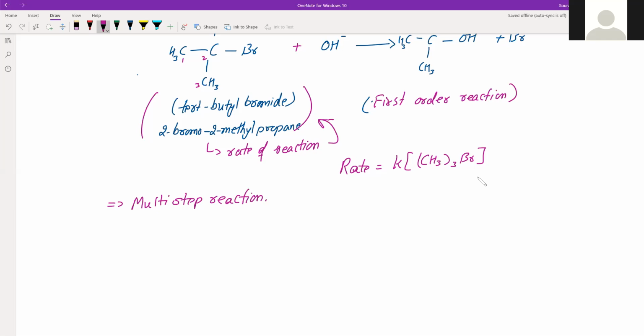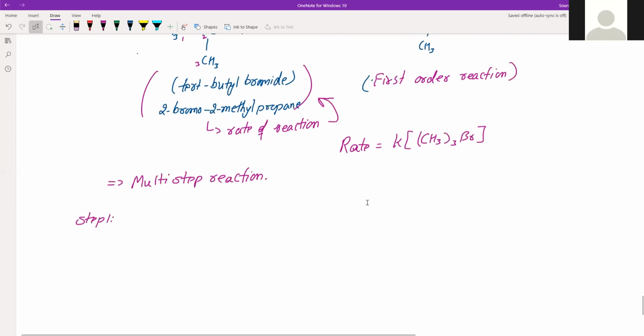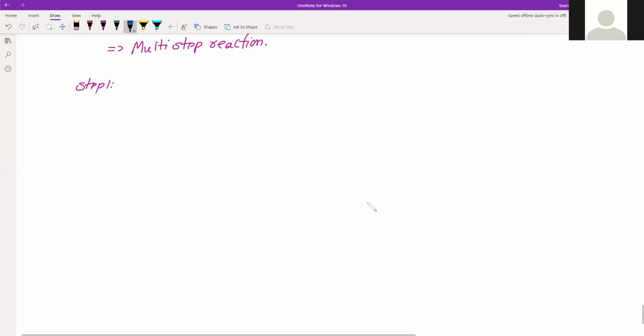In the first step, the tertiary butyl bromide undergoes ionization to produce a carbocation. So step one, let's see what happens in that. The tertiary butyl which we had, that is C, I'll just write Me. Me is for methyl, to save time I'm writing like this. And this is connected with a bromine.